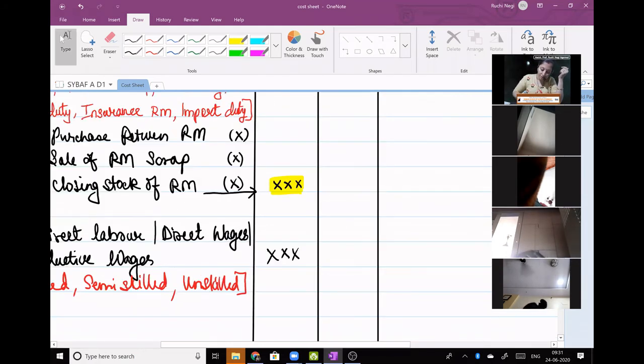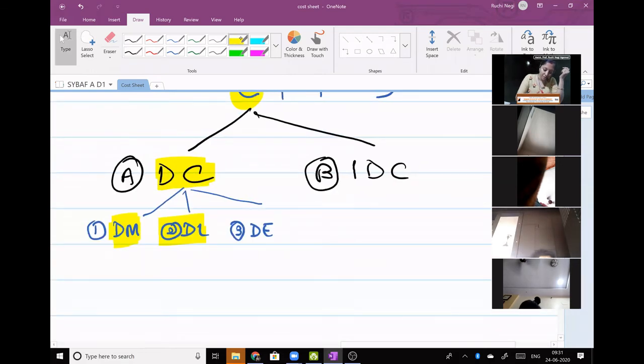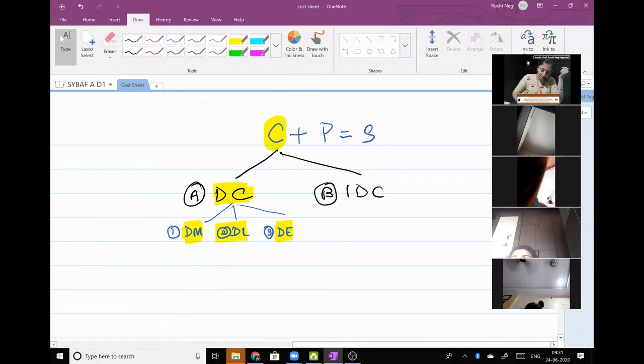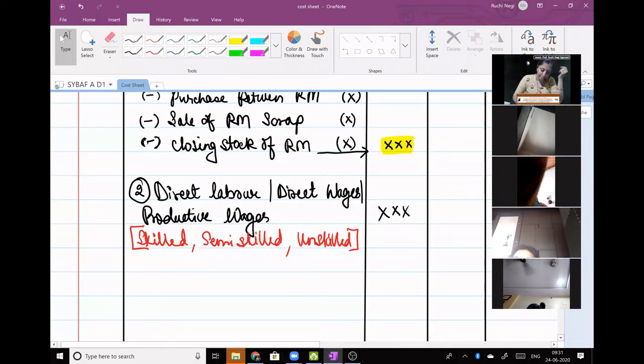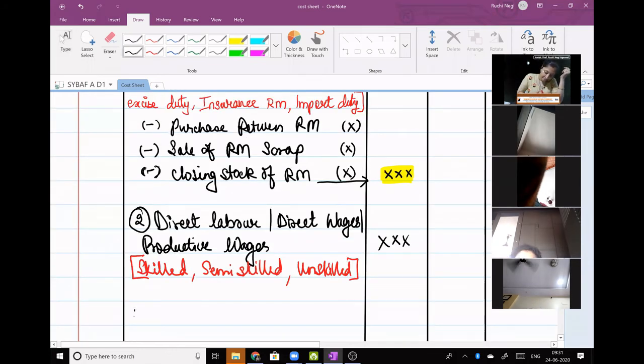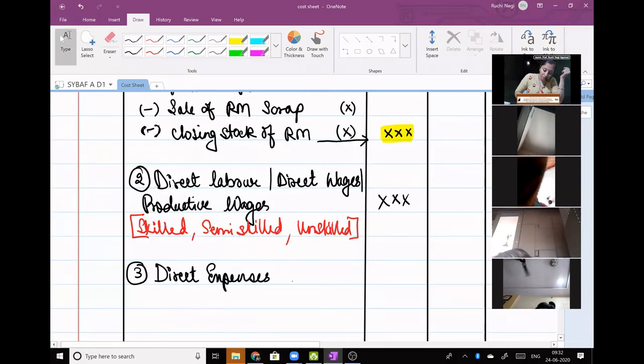Next, we are going to discuss direct expenses, also known as chargeable expenses.